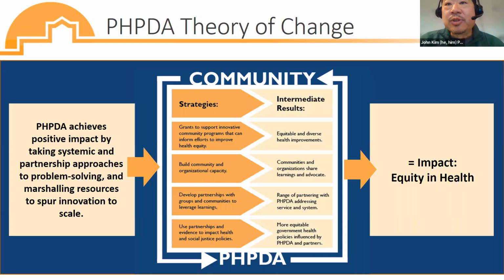And just for you all to note, you are actually part of this change. If you look at the strategy around building community and organizational capacity, this work of doing TA sessions and standing up cohorts to work with groups of community organizations is the activity that's in that strategy. And the result would be that communities and organizations share learnings and advocate.